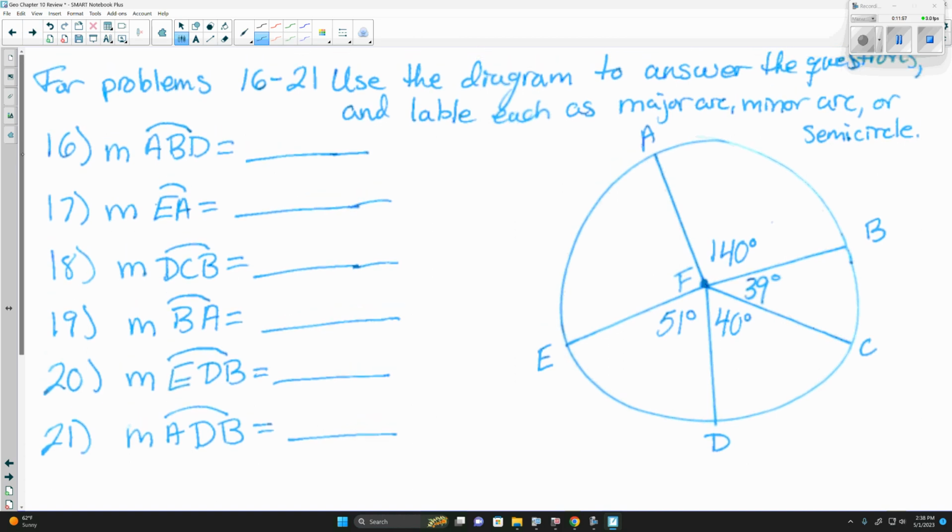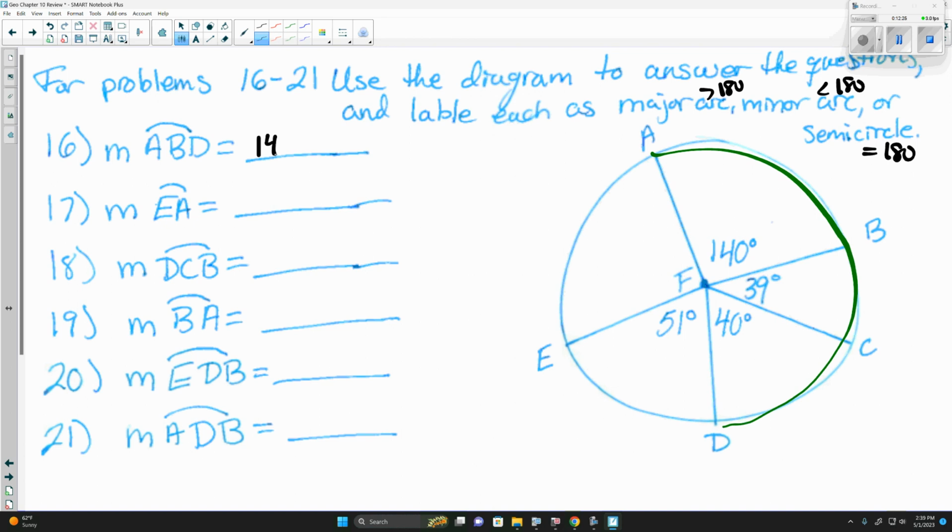Questions on 16 through 21 on finding the measure of the arc. Minor is less than 180, major is greater than 180, and a semicircle is equal to 180. So if we're looking at A, B, D, we would add these three together.